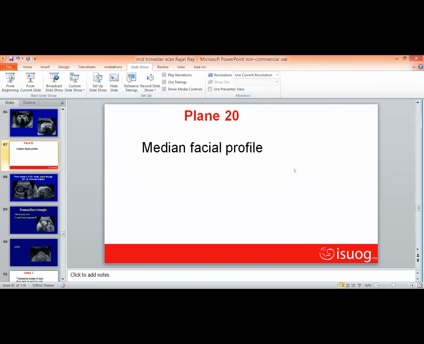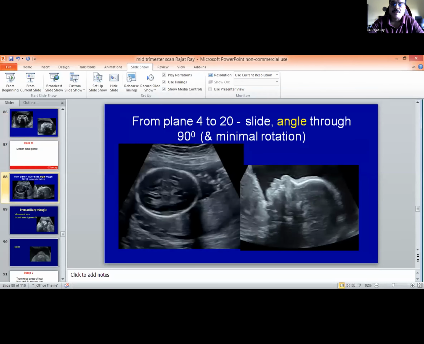Then comes the median facial profile, that is the last section. Again, from 4 to 20, slide and angle to 90 degrees. Obviously, from the head you are going to the median face, so you have to rotate. You angle to 90 degrees and slide with a minimal rotation.